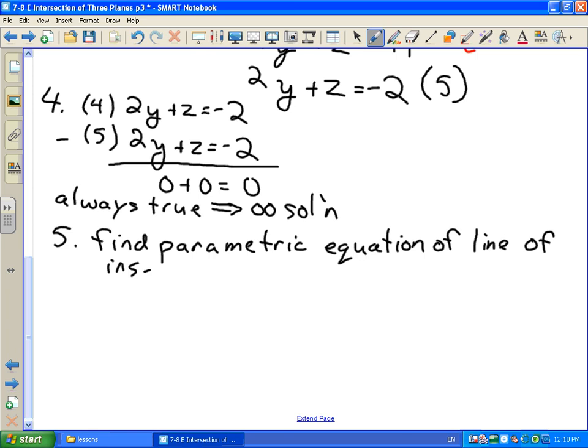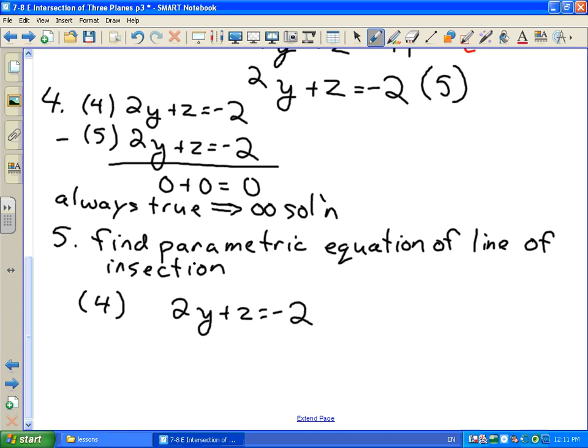Now, the way we're going to do this is going to be similar to what we did when we were doing the intersection of two planes. We're going to start from what we have for equation 4, which is 2y plus z equals negative 2.